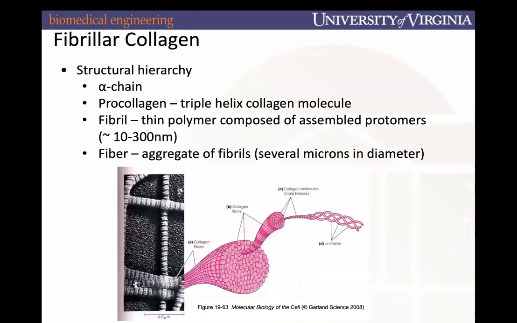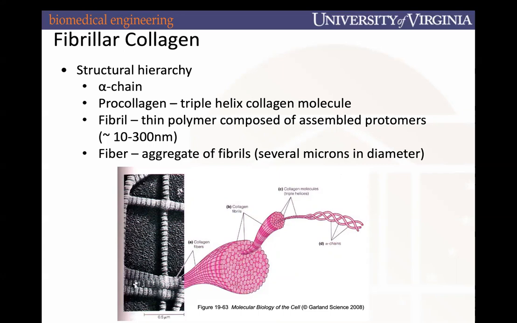So there's a structural hierarchy to collagen. We have our single alpha chain, and we know that a single collagen molecule has a triple helix of those 3 alpha chains together. Now, we have a pro cap on both ends of collagen.